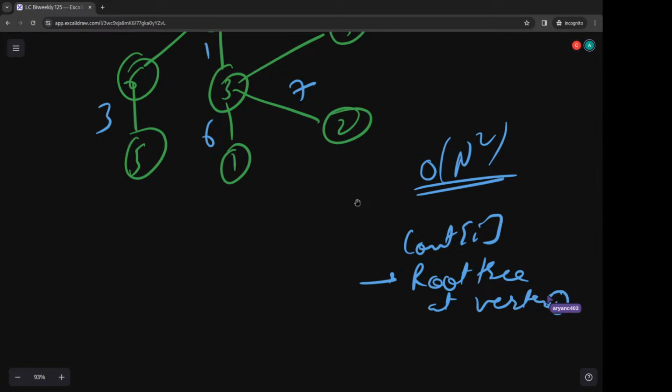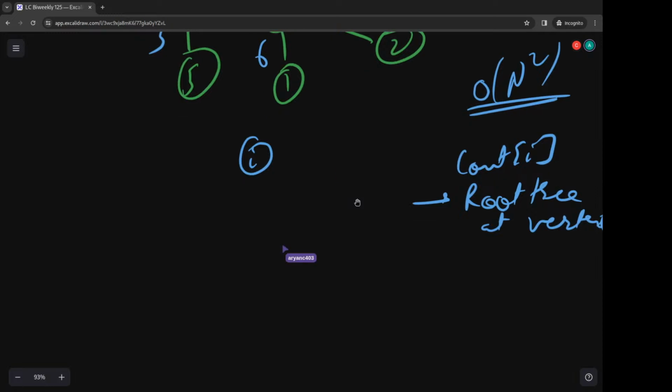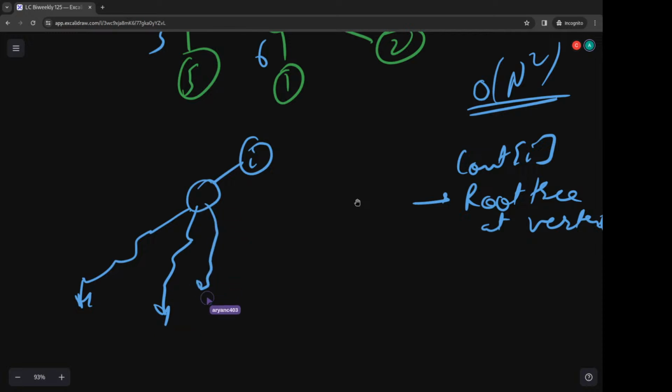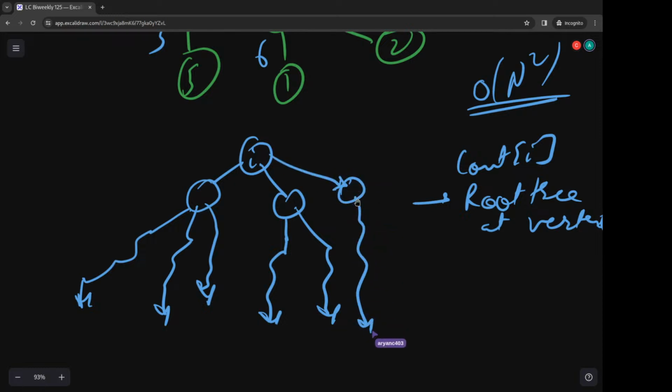For example, if we have this vertex i, and there are some subtrees over here, this is the root, which is vertex i when we are counting for the node.